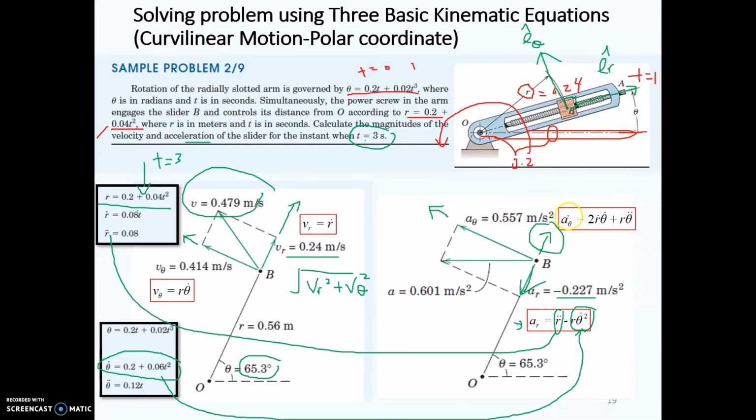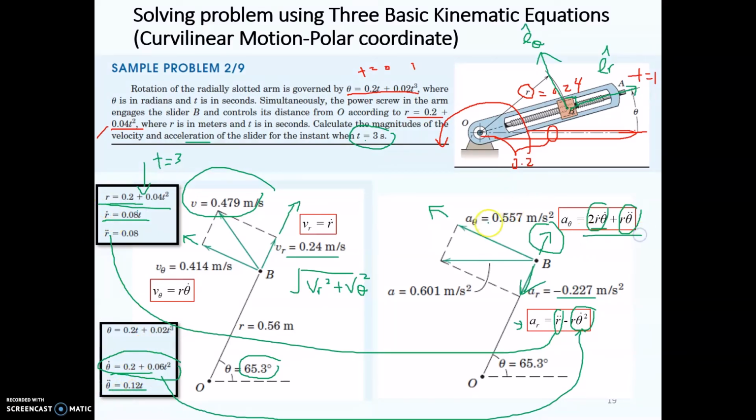Then you continue to compute the transverse acceleration by using this formula. And for the first component, you have the Coriolis acceleration, where you need the r dot, which can be found from here, and theta dot can be found from here. Then you can continue to compute the tangential acceleration, r theta double dot, where it can be found from here.